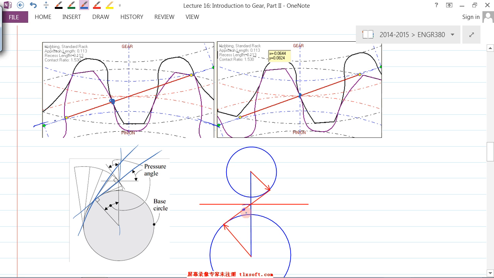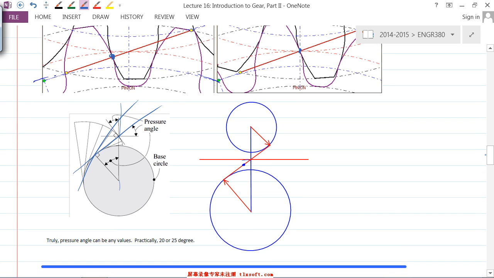Then you can always imagine that within these two points, there's always a pair of teeth coming in contact with each other. Then how do we picture the contact of the two teeth?